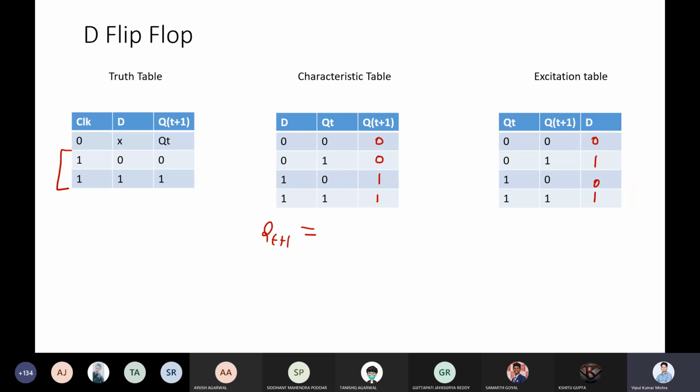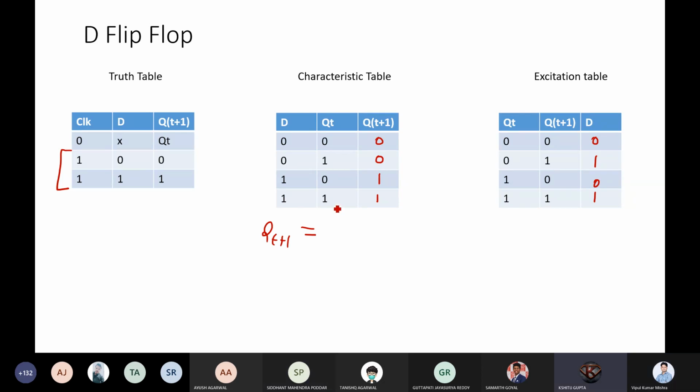This question you have seen in the midterm as well. D plus Qt? No, sir. D Qt bar plus D Qt?